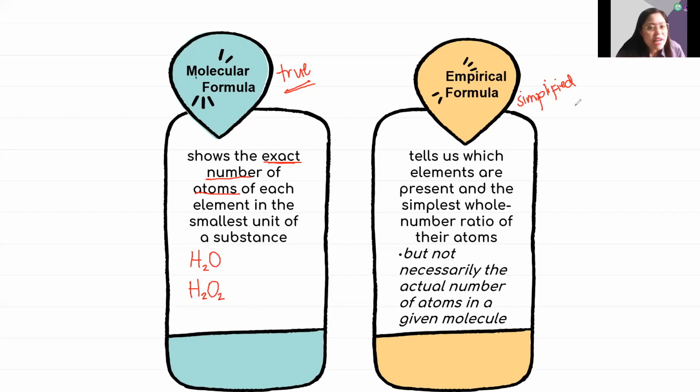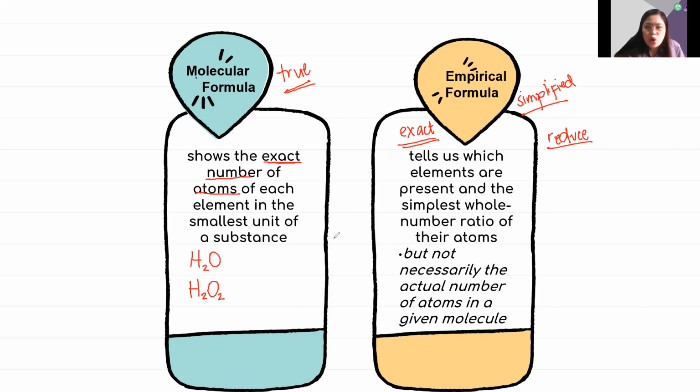Ana pud ang empirical formula, class. This will just tell us which elements are present in the formula, pero this will not give us the exact number of atoms kasi pinasimplify siya. Meaning, gireduce siya sa lowest term.